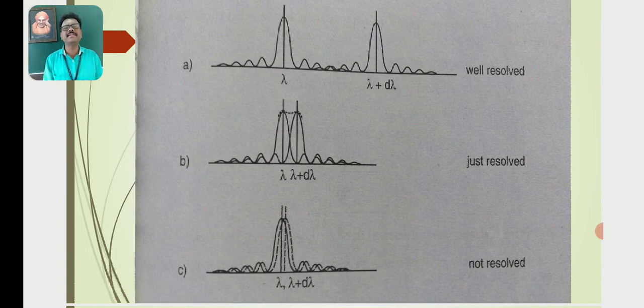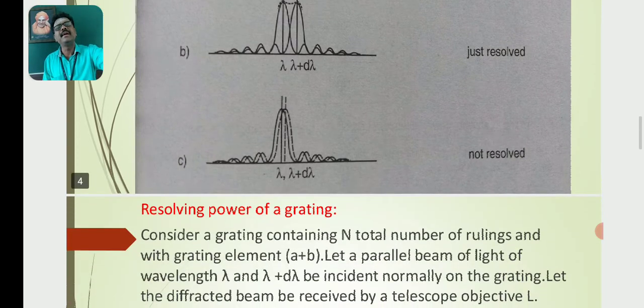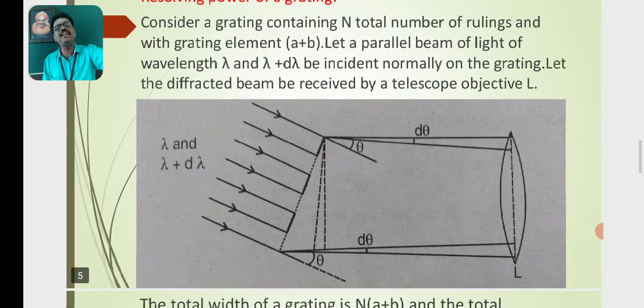The images are said to be not resolved. They are not separated. We can't see the images separately. So: well resolved, just resolved, not resolved. These are the resolving criteria.